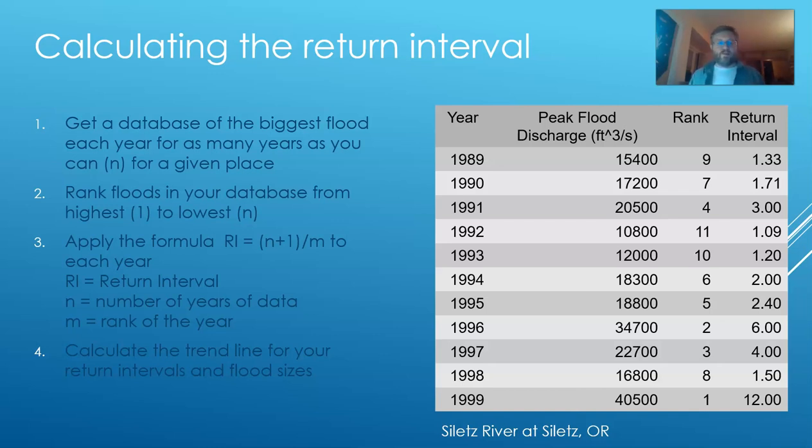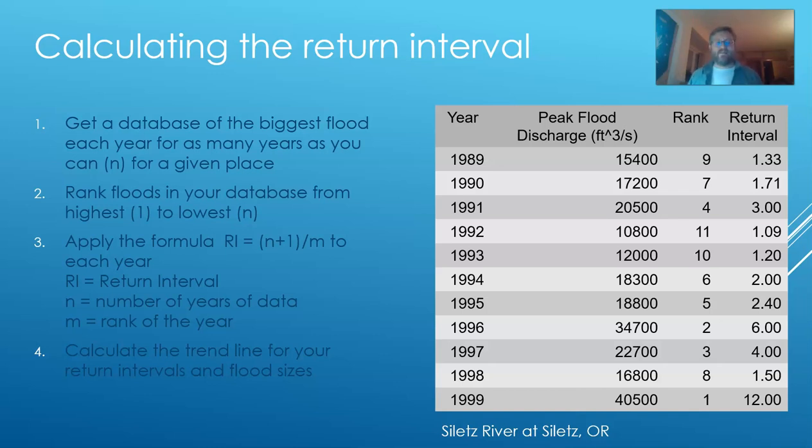And then you apply the formula Ri = (n + 1) / m. Ri is the return interval, so that's the X-year flood kind of expression. That's equal to the number of years of data you have, n, plus 1. In this case, we've got 11 years of data, so n plus 1 equals 12.